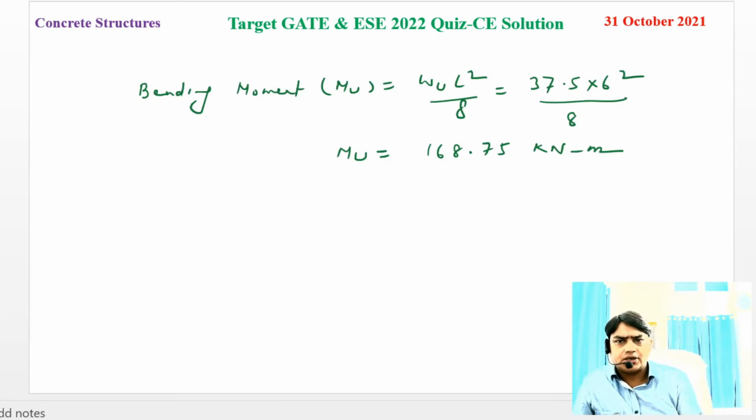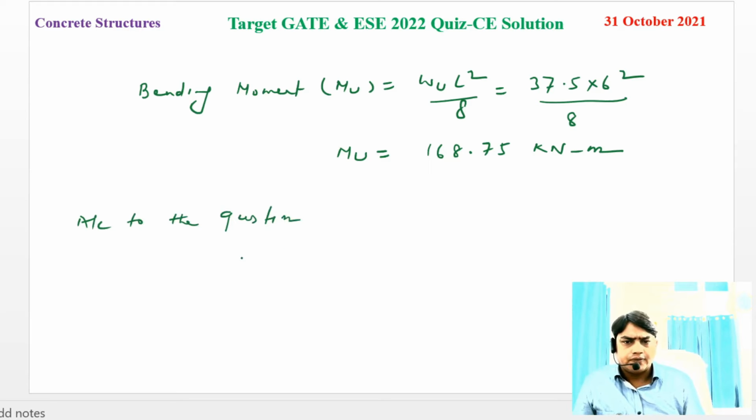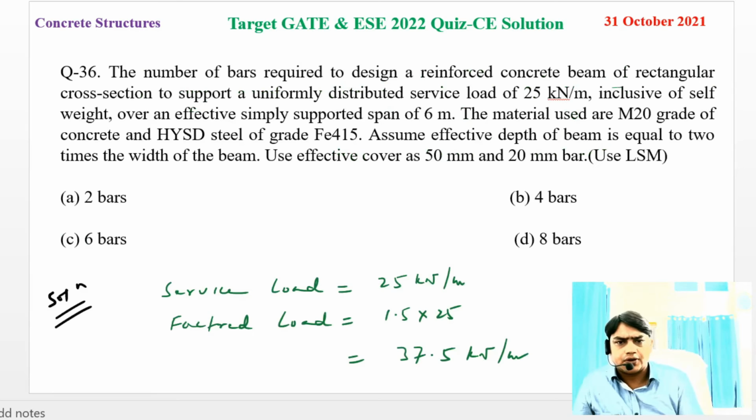and the size. The condition is given according to the question. Effective depth of the beam is equal to 2 times the width.